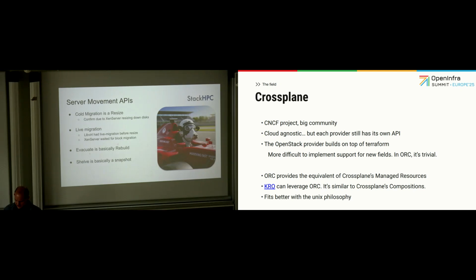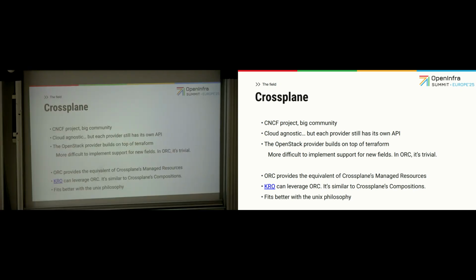A project that was started by AWS, and now is under the Kubernetes SIG cloud provider. So that's a Kubernetes SIG, meaning it's also a CNCF project. And for us, that's perfect. We like this approach because that fits better with the Unix philosophy of doing one thing and doing it well, and also the modularity that comes with it.